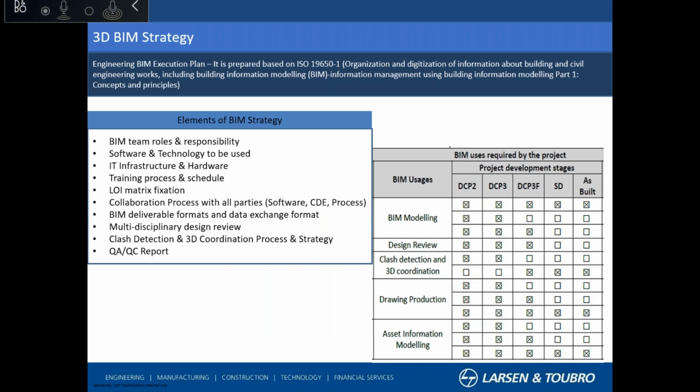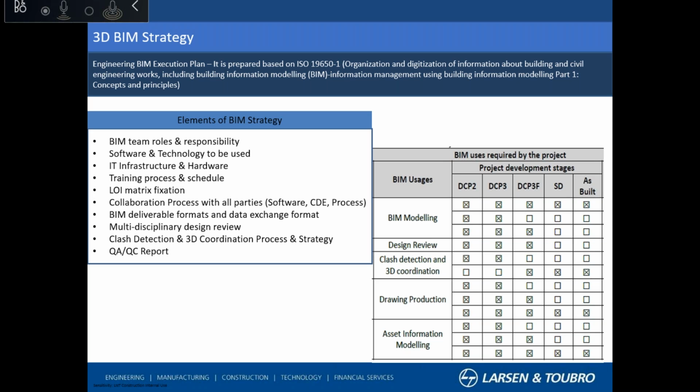Now, what are our 3D BIM strategies? This slide talks about the process of how we are implementing this. Some elements are shown here. The roles and responsibilities of each member are defined in this document.